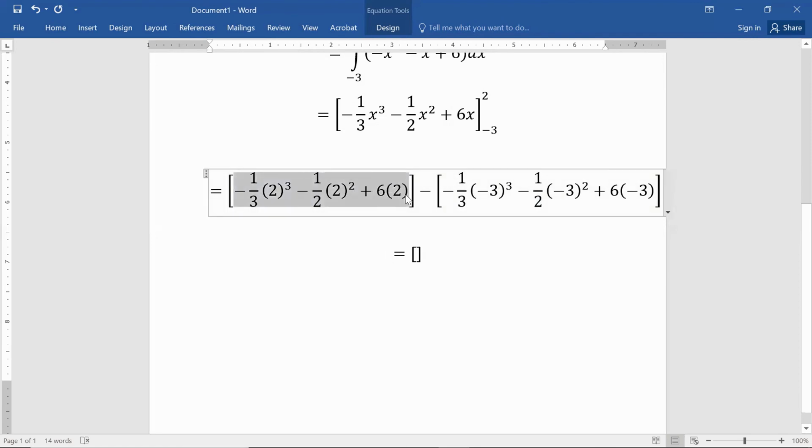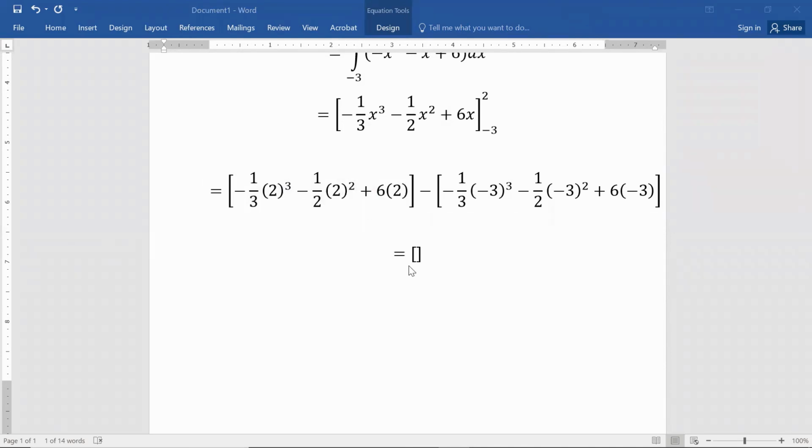All right. Now let's plug things into our calculator. That first quantity is going to be -1/3 times 2 to the third minus 1/2 times 2 squared plus 6 times 2. That gives me 22/3.